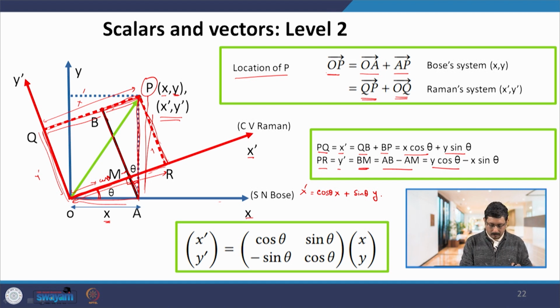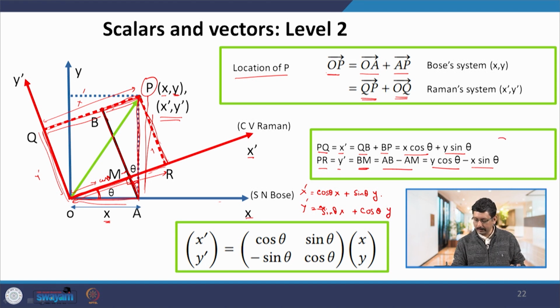And if I consider the triangle OAM, in which OA is x and this angle is theta, so AM must be x sin theta. So, I can write y prime as minus sin theta x plus cos theta y.